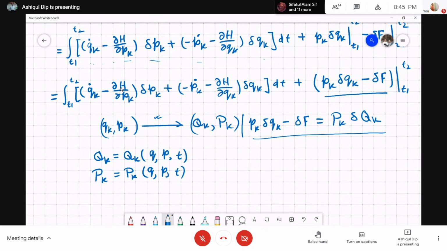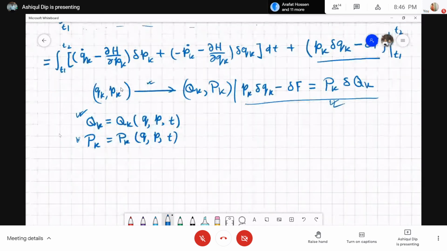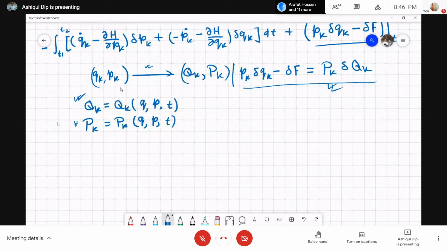So considering this, and also f is a function of q, p and t, we explicitly write this thing in terms of those variations. So let's write what happens. p_k variation q_k minus variation of f.